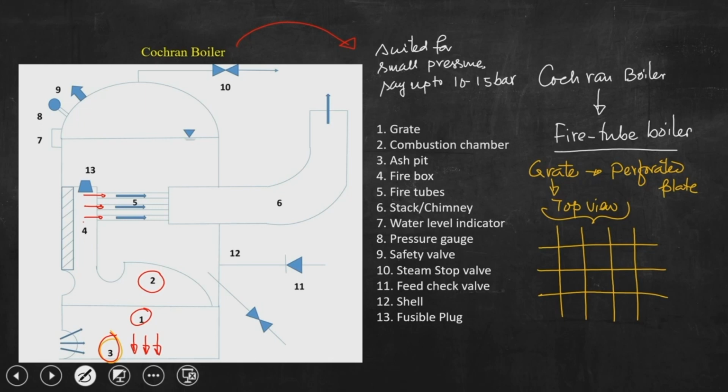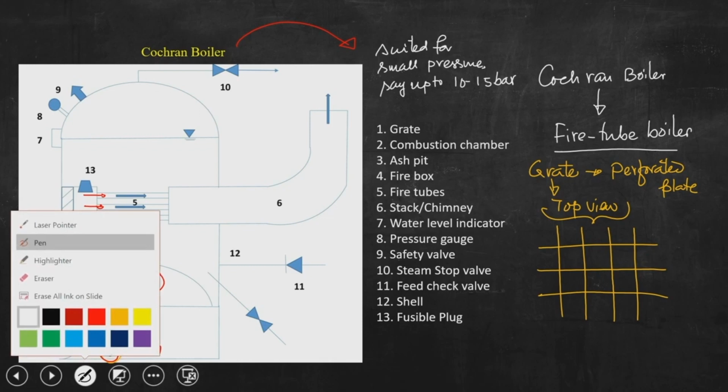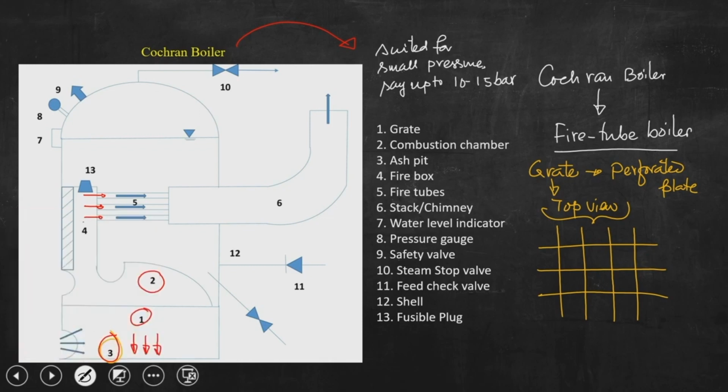So the outer ends are connected to the chimney, and the flue gas is taken through the chimney and goes out, right.